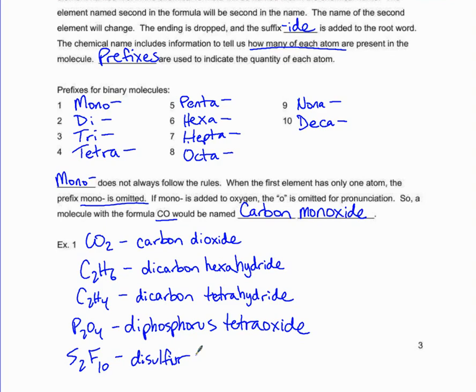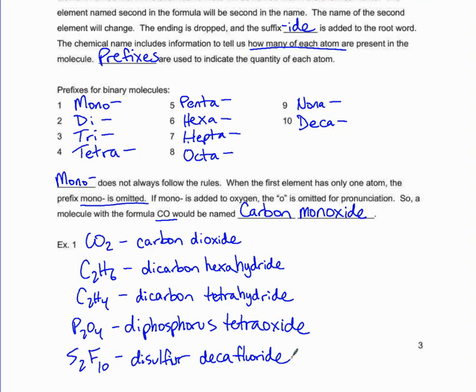Disulfur. 10 is decafluoride. So this is just some examples for our naming system.